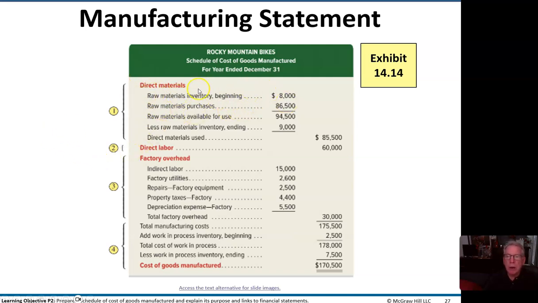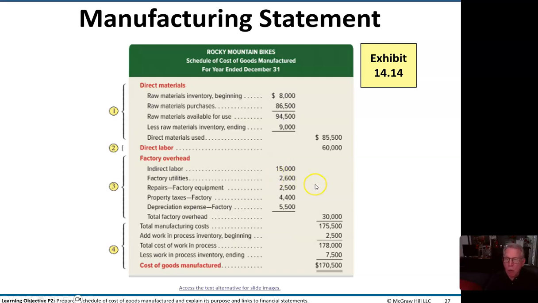Here's our direct materials. So we start with our raw material inventory beginning. We add the purchases. That gives us our available raw materials for use. Now, our ending inventory is $9,000. That means that we moved $85,500 into work in process inventory. The direct labor was $80,000.